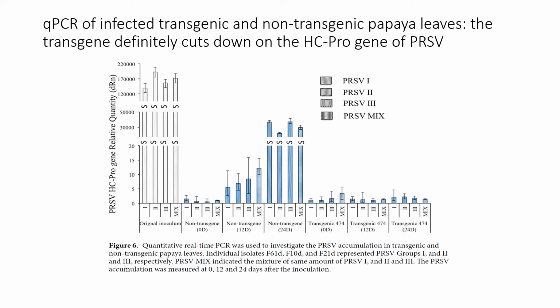Okay, but importantly, along the x-axis, we have groups of samples which either are non-transgenic or transgenic at different days after infection, and they're showing the individual viruses as well as the mix. Okay, so the first group is a non-transgenic at the very first, just at the beginning of inoculum. So of course you have barely detectable amounts of the RNA that you're looking for, which is the coat protein.